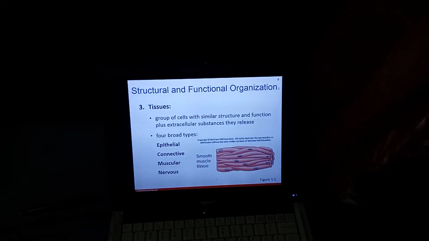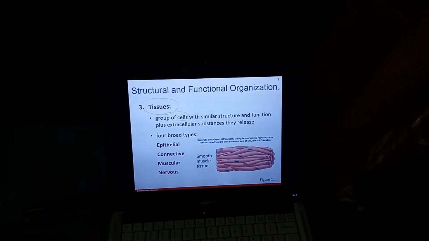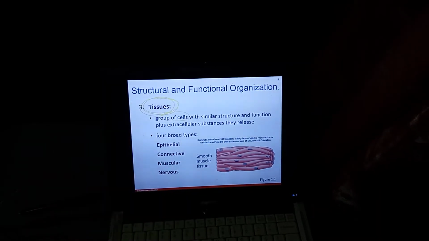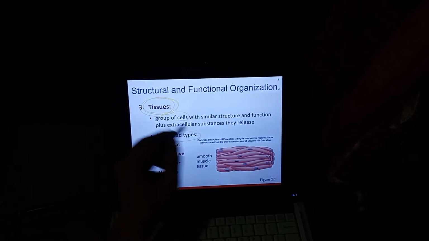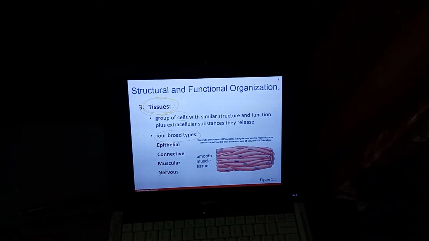And tissues, another level of structural and functional organization, are groups of similar cells and the material surrounding them. When you put together a group of cells with similar structure, you arrive at tissues. There are four broad types of tissues: epithelial, connective, muscular, and nervous.